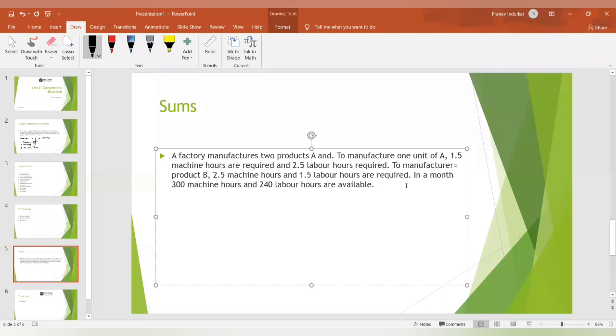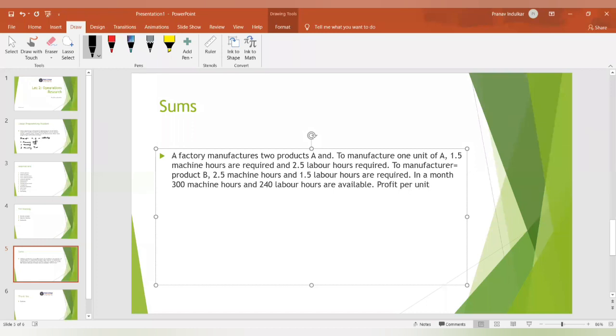Yeah, very good. So you have to understand this statement, because whatever I'm going to write now will be in the form of variables. I'm just finishing the question. And what about labor hours? Maximum labor hours available are 240.